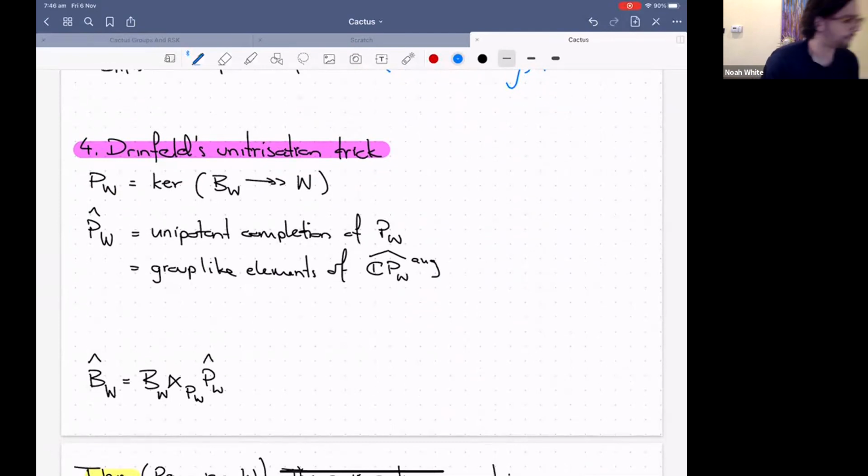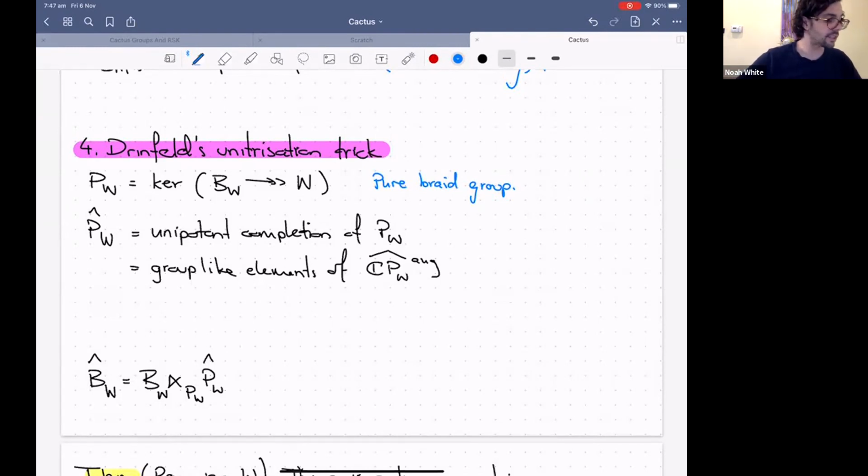All right, so let me set up some notation. The Braid group, of course, if I impose the relation that each generator is an involution, I get a surjection onto the Coxeter group. And the kernel of this is called the pure Braid group. The thing that I want to consider is the unipotent completion of this pure Braid group. Let me tell you roughly what that is.